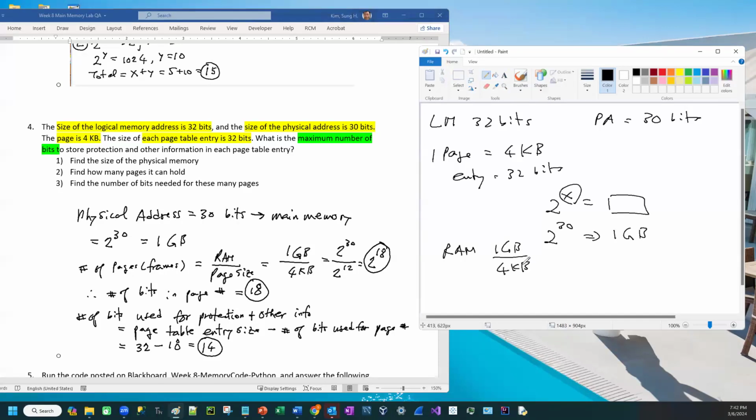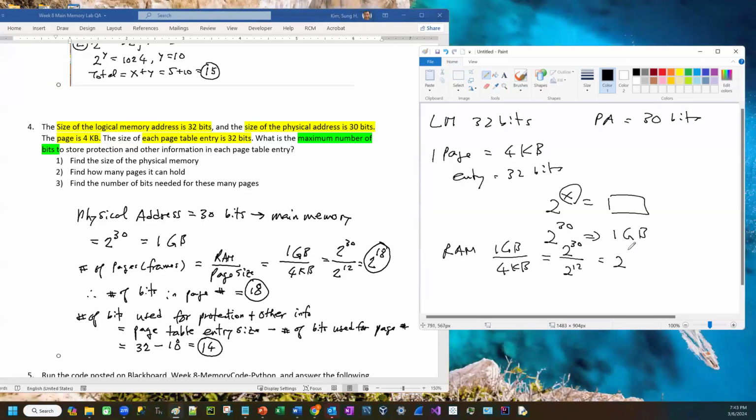So you divide them and see how many frames you get. Okay? And so if you do that, 1 gigabyte was 2 to the 30, and 4 kilobytes is 2 to the 12. Or you can do it whichever way you like. But it turns out to be 2 to the 18. It's easier to do it this way because you can just subtract.